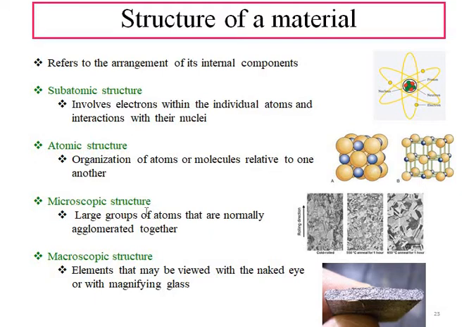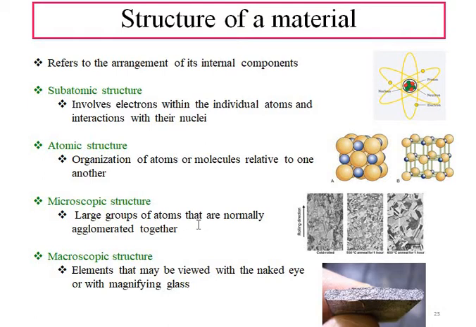Okay. Next one is the microscopic structure. Here we analyze the material with the help of higher magnification microscopes. The higher magnification or higher resolution microscopes are SEM and TEM, scanning electron microscope and transmission electron microscope. Okay, these are not the ordinary microscopes which you have seen in your high school laboratories.